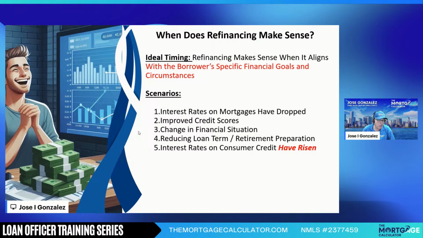Even though you may be thinking, why do they want to refinance if they have a 4.5%? Maybe it's because they've incurred an additional $100,000 to $150,000 in high-interest unsecured consumer credit, and now they need to refinance out of that to improve their cash flow.